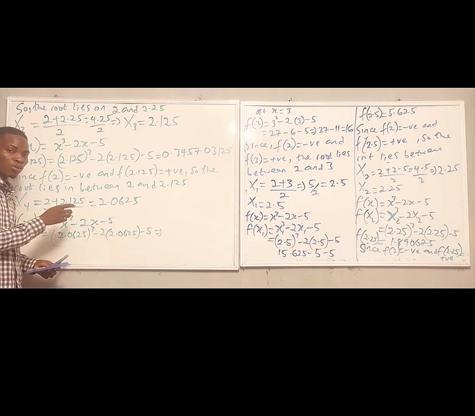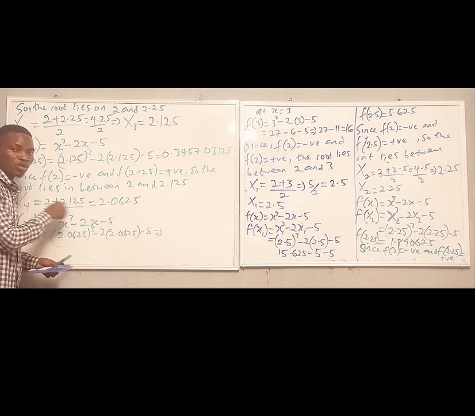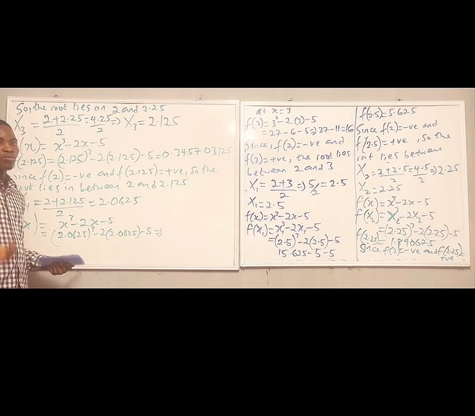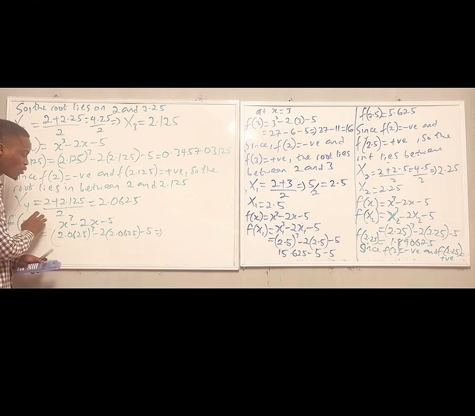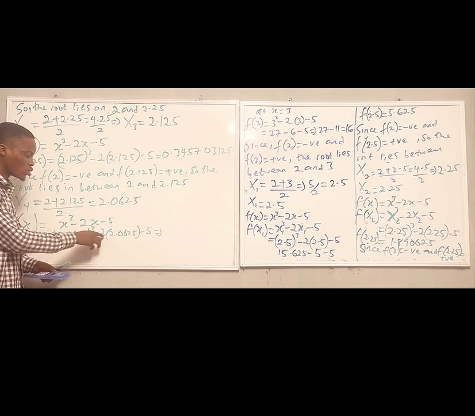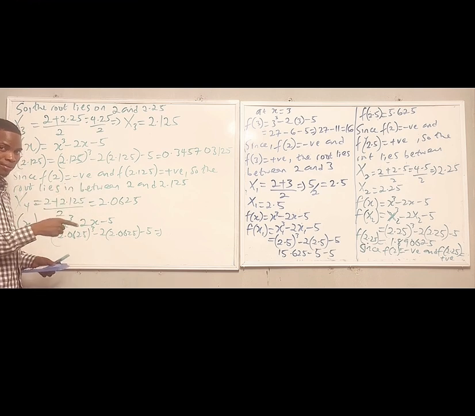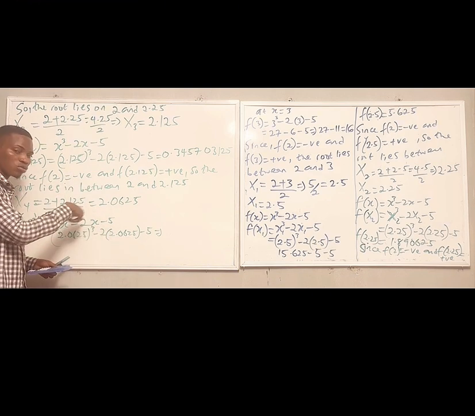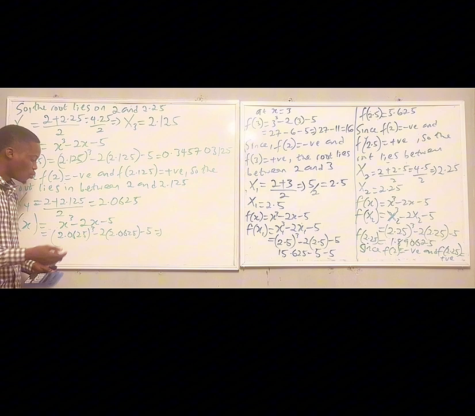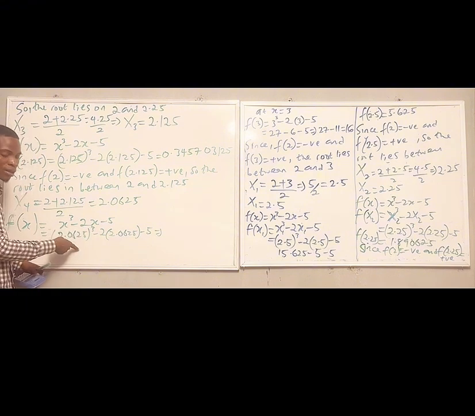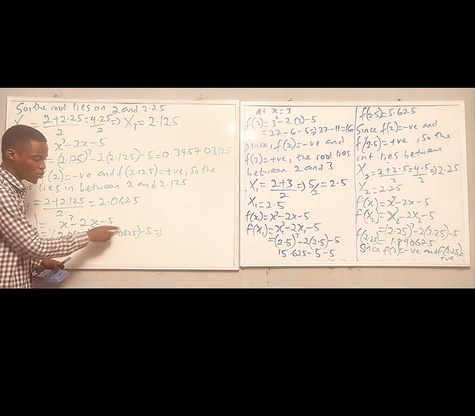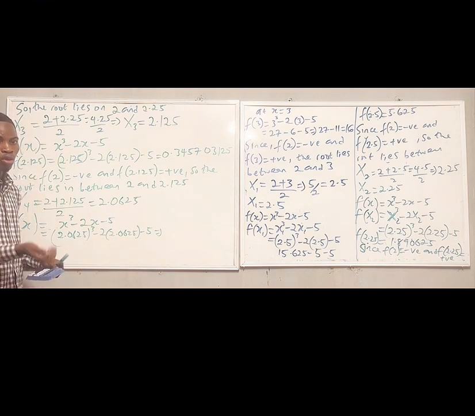Multiply it straight, otherwise it will confuse you. Solving each part separately, then minus 5, will take too much of your time.